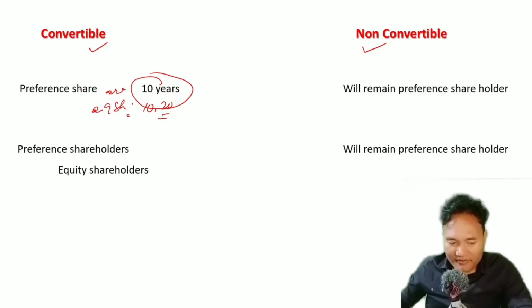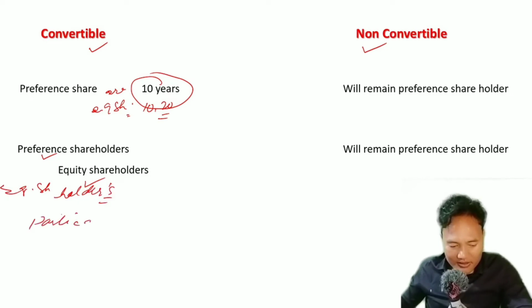It means there is a preferential right to be converted into equity shares after a certain period of time. And once the preference shares are converted into equity shares, then they will be called what? Equity shareholders, okay, and they will be the owners of the company and they can participate in the management of the company. They can elect the board of directors, CEO and the managers of the company.